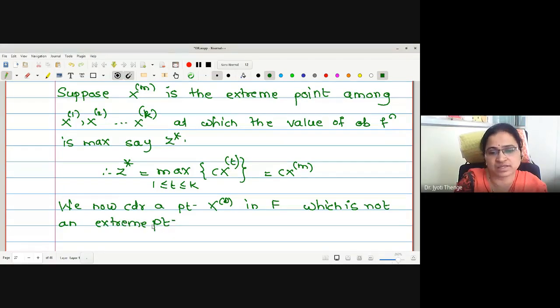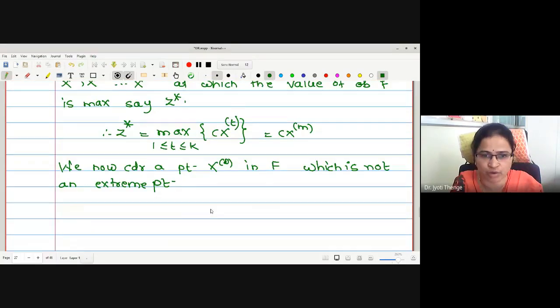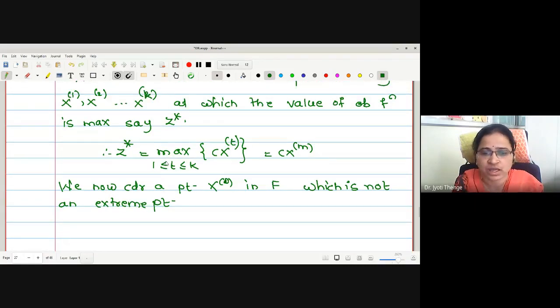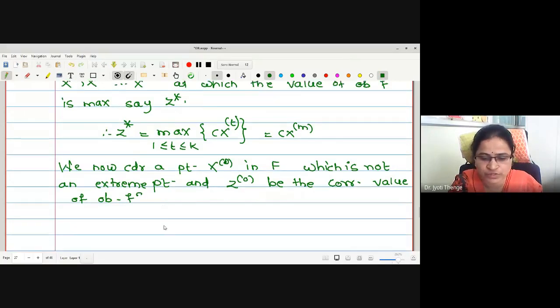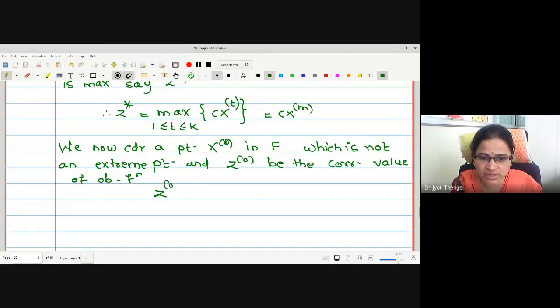This x0 can be written as a convex combination of these extreme points. Let z0 be the corresponding value of the objective function at this point. Therefore, z0 is cx0. Is it fine to everyone?